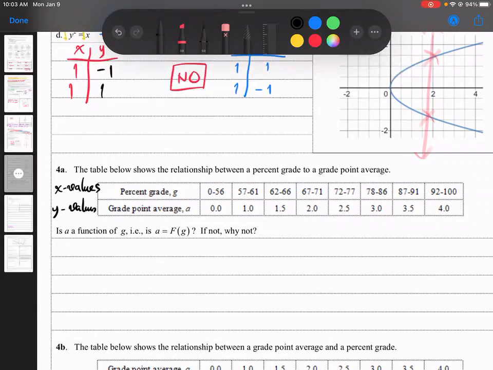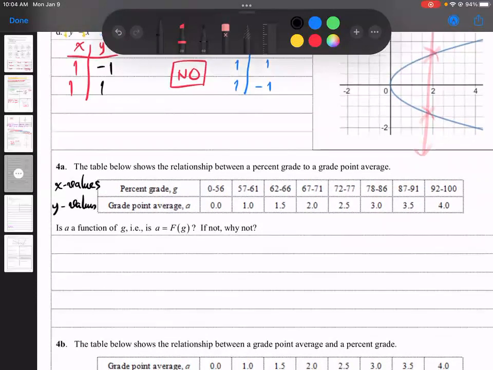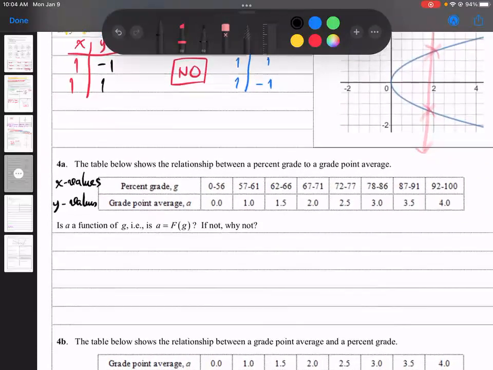Is A a function of G? Yes. Why? Yes, because it doesn't repeat. Let's take a look at the first one. For the G values, I have the range from 0 to 56. So 0 maps to 0.0, which is 0, and 1 maps to 0, and 2 maps to 0, all the way to 56 maps to 0, right?